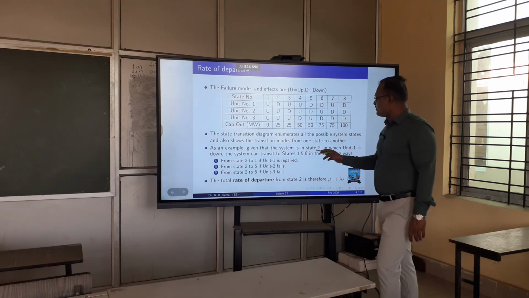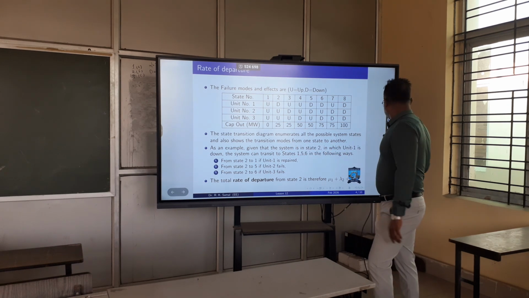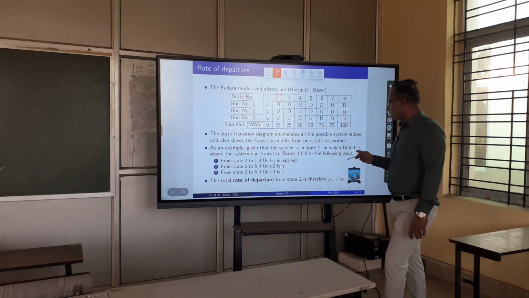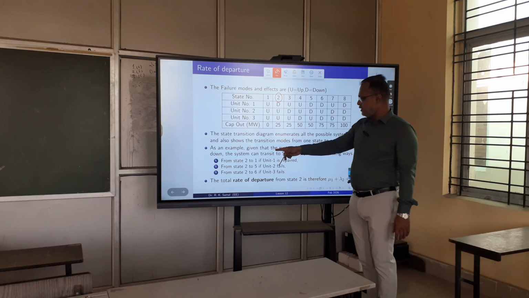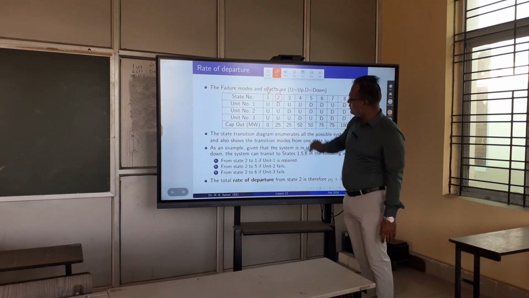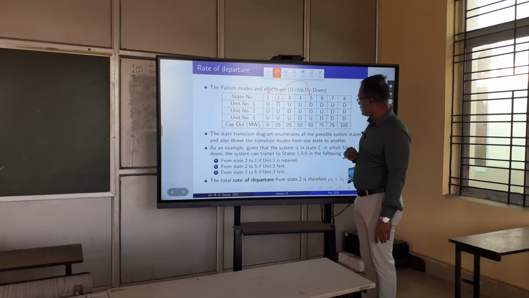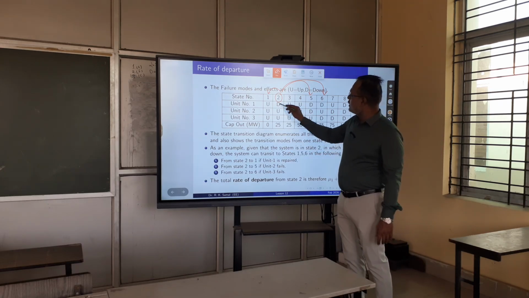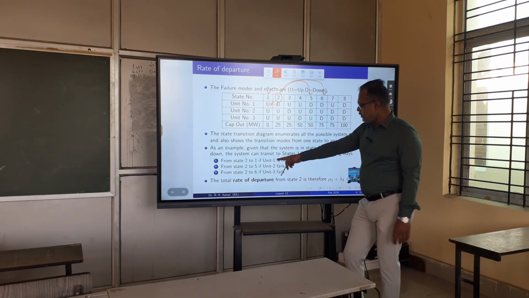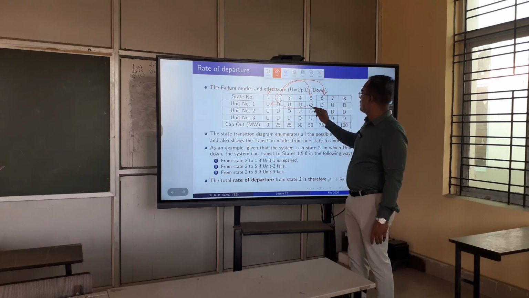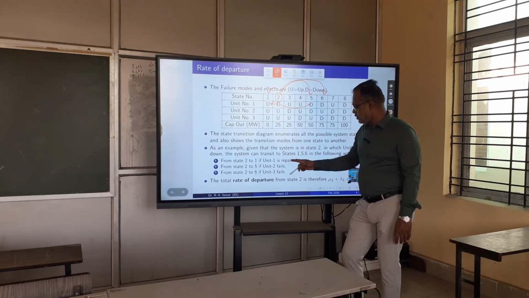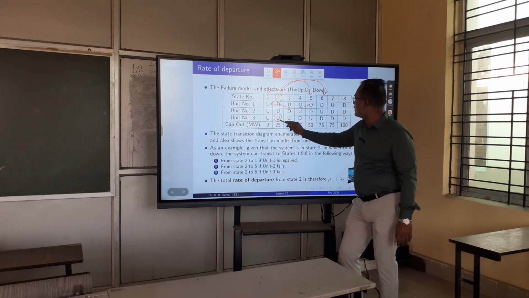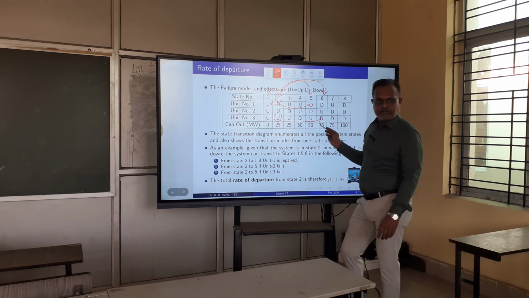As an example, given that the system is in state 2, in which unit 1 is down, the system can transition to states 1, 5 and 6 in the following ways. 2 to 1 if unit 1 is repaired, 2 to 5 if unit 2 fails, 2 to 6 if unit 3 fails, with the other two remaining constant.